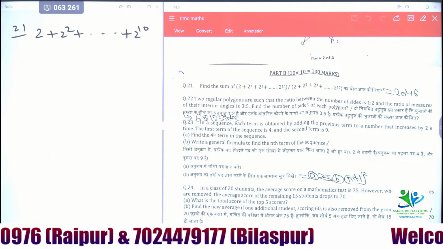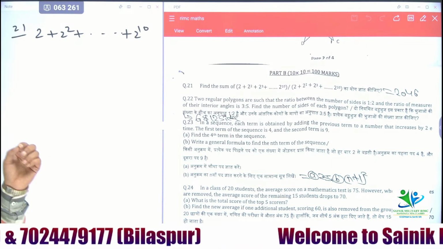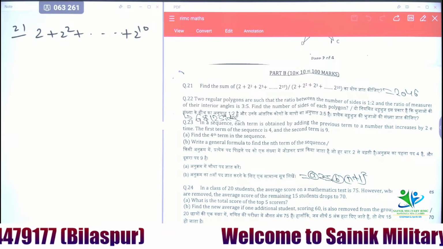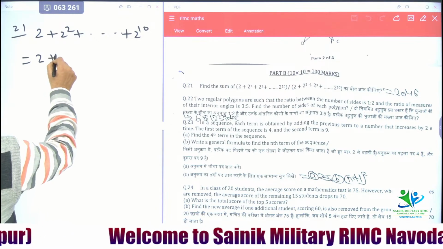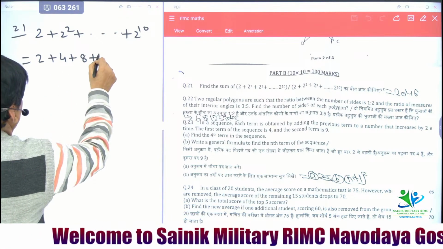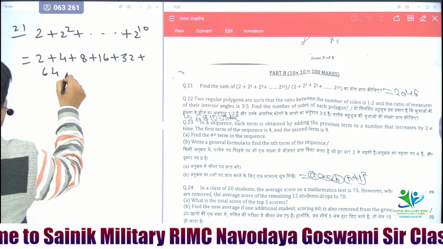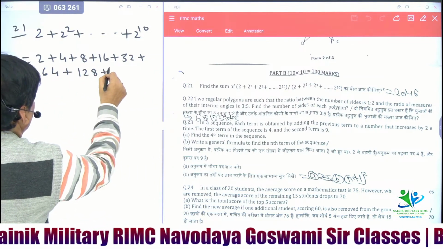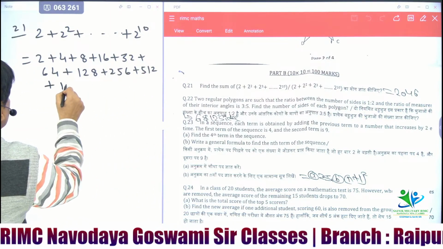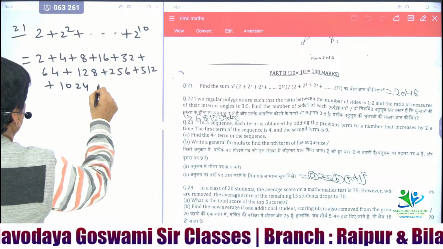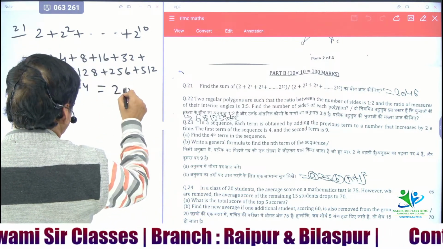You can apply the formula of geometric progression here, but if you don't know it, you can simply add. This one is 2 plus 4, 2 cube is 8, 2 to the power 4 is 16, then 32, then 64, then 128, then 256, then 512, and the last one is 1024, 2 to the power 10. Adding all the 10 terms, you get the sum 2046.